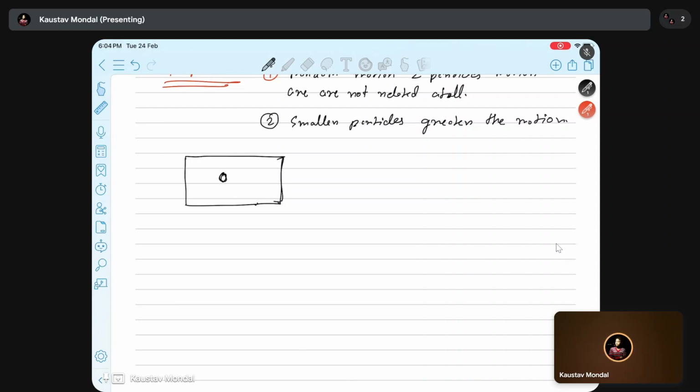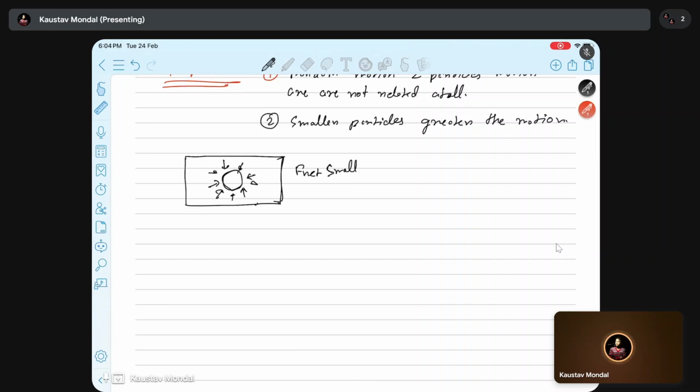In case one, let's consider a big-size Brownian particle. It will face random forces from different directions, and since it's a big particle, each of the force components will cancel with each other, and because of that the net force acting onto the particle will be very small.